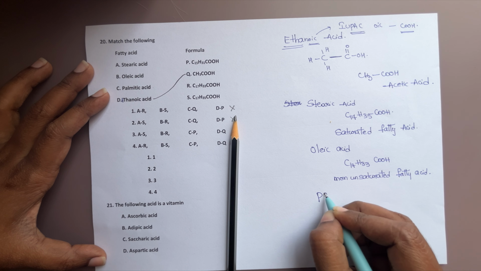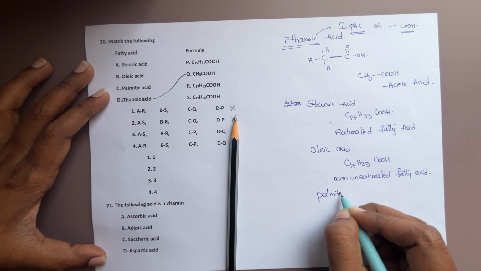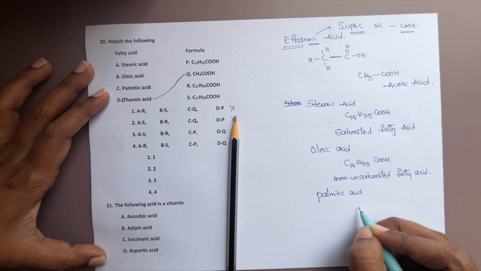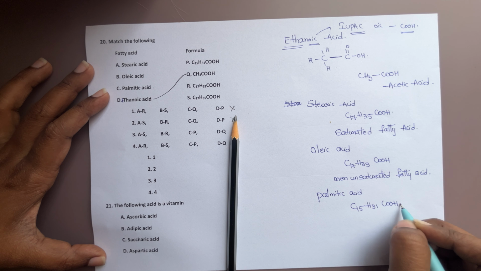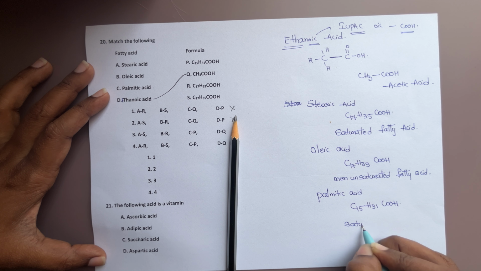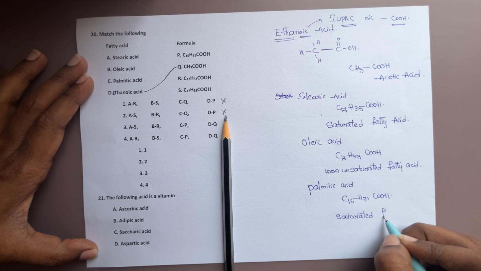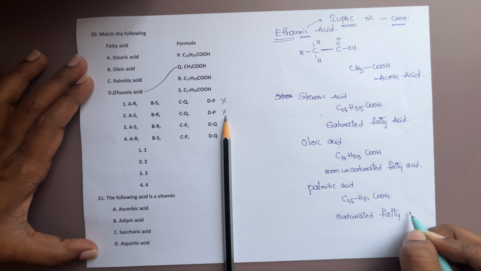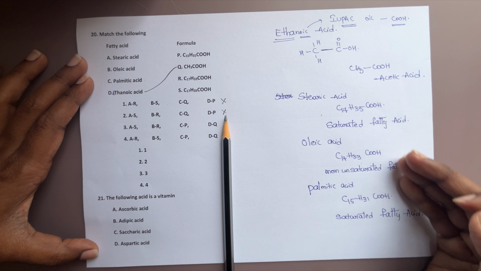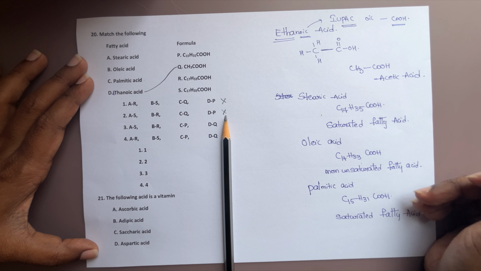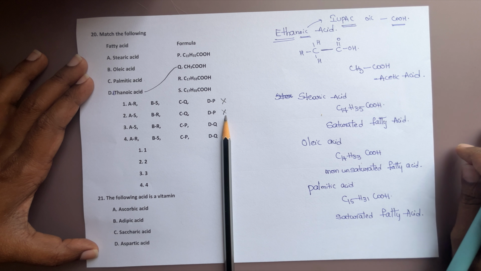Now palmitic acid is C15H31COOH, which is again a saturated fatty acid. So these are the formulas. We must remember these formulas and their fatty acid nature also.